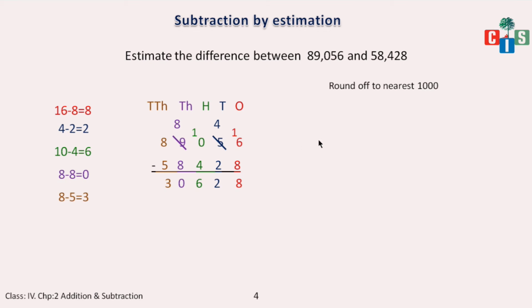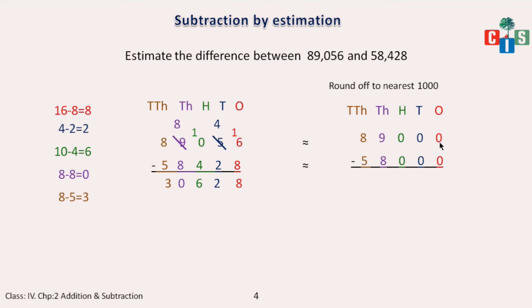When 89,056 is rounded off to the nearest 1000, it changes to 89,000. I hope you remember the symbol for the estimation. See, this is the symbol for the estimation. The second number when rounded off to the nearest 1000 changes to 58,000.